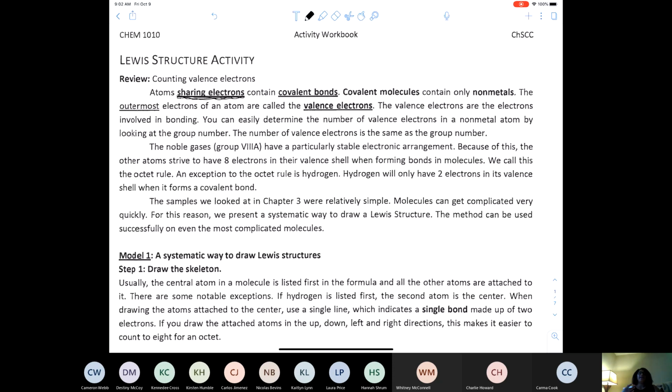This sharing of electrons forms what are called covalent bonds.